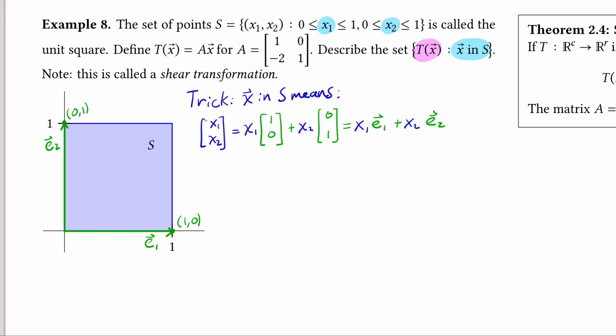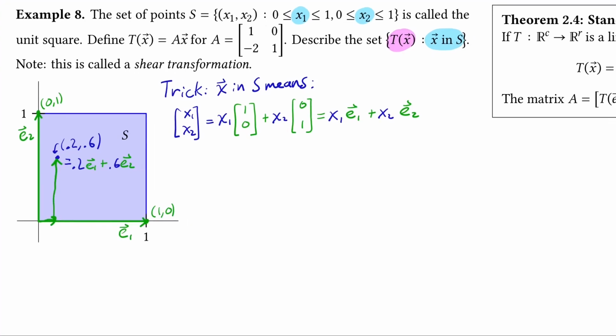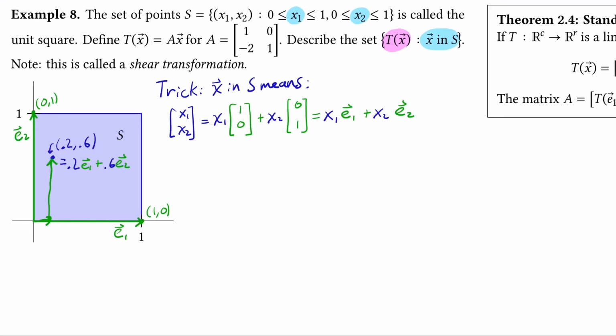So, for example, if we had the point right here, let's say 0.2, comma 0.6, something like that, we can think of that as 0.2 times e1 plus 0.6 times e2. Same idea as doing this linear combination of those. Okay, now you're probably thinking, why are we bothering to do this?